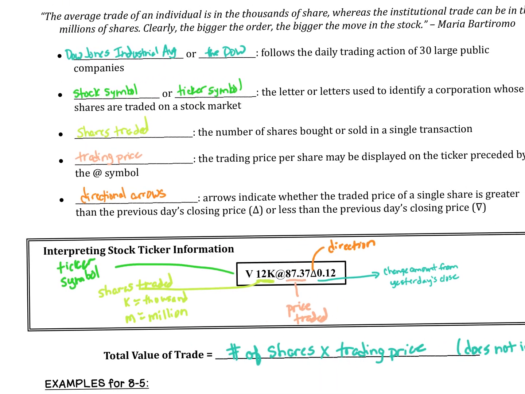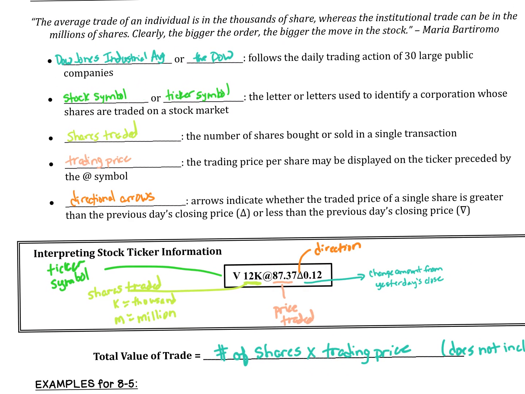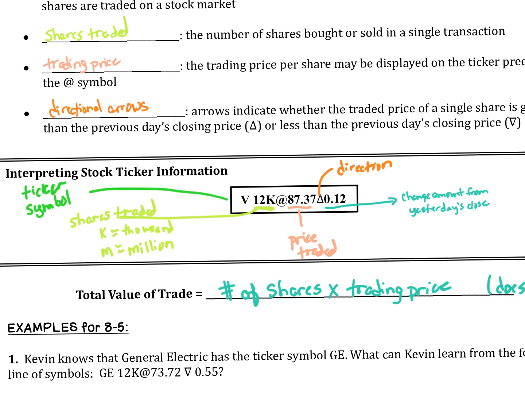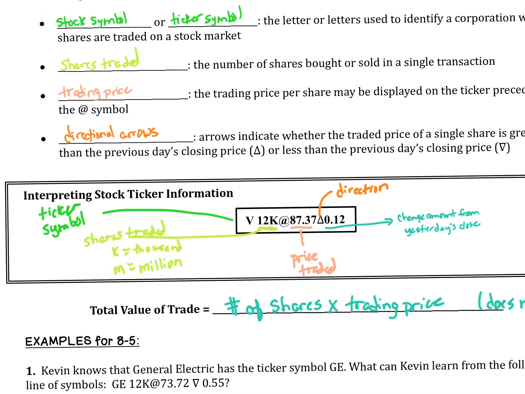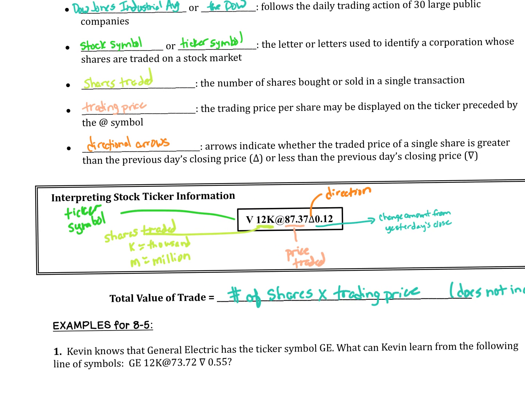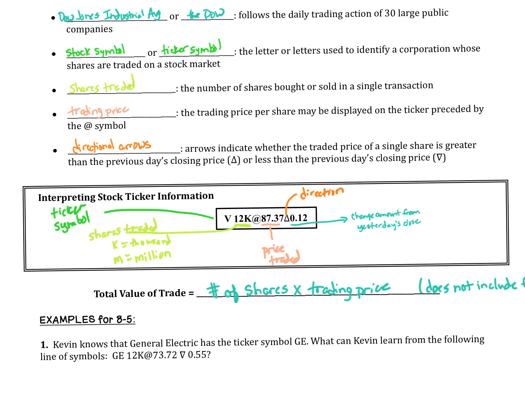basically the volume. It's how many shares were traded. Obviously, if it's something K, it's going to be in thousands. If it's an M, it's going to be in millions, that type of thing. So that's the different shares that are traded in any particular transaction. That next number, this light orange there, is the actual trading price.